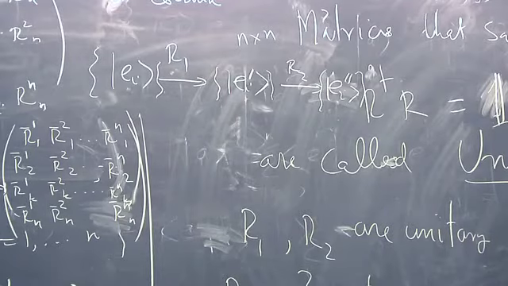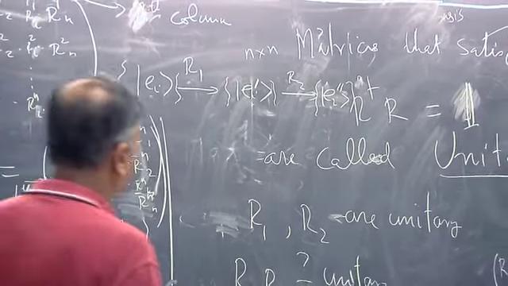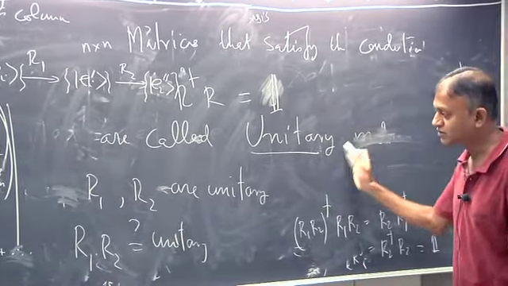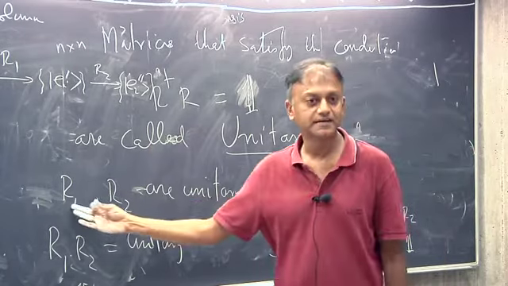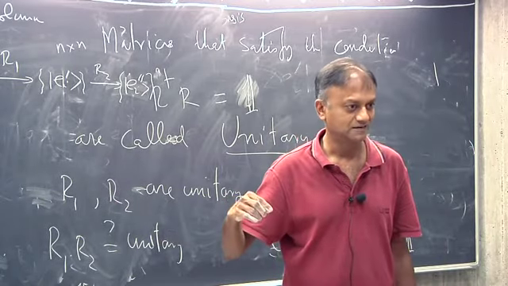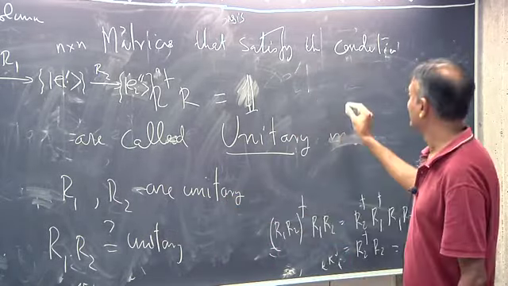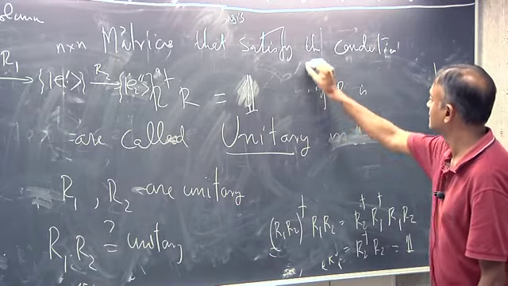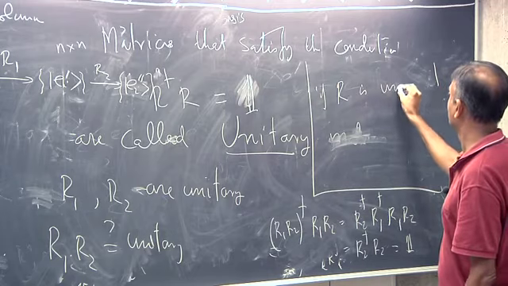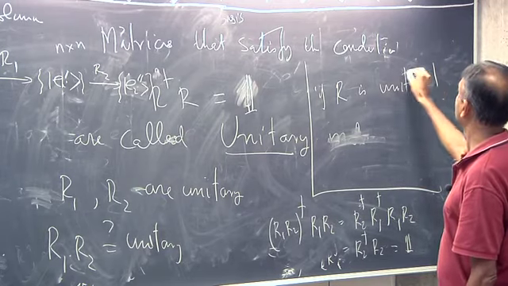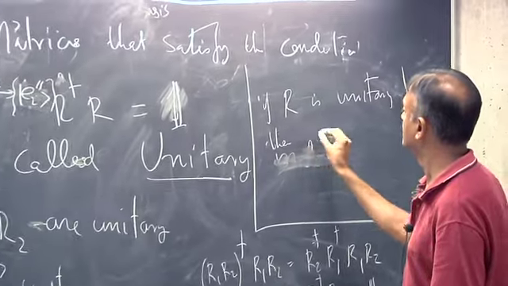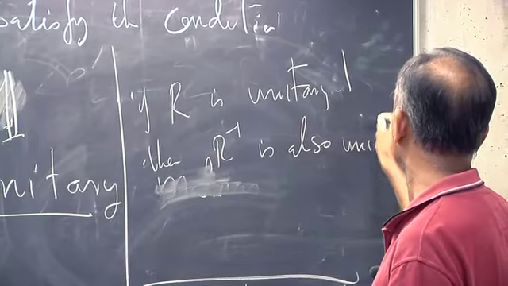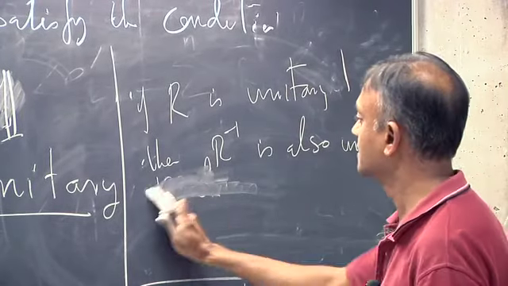That's this one property. Another property is that the inverse of a unitary matrix is again unitary, which is obvious. So if R is unitary, then R inverse is also unitary. Easy to see.